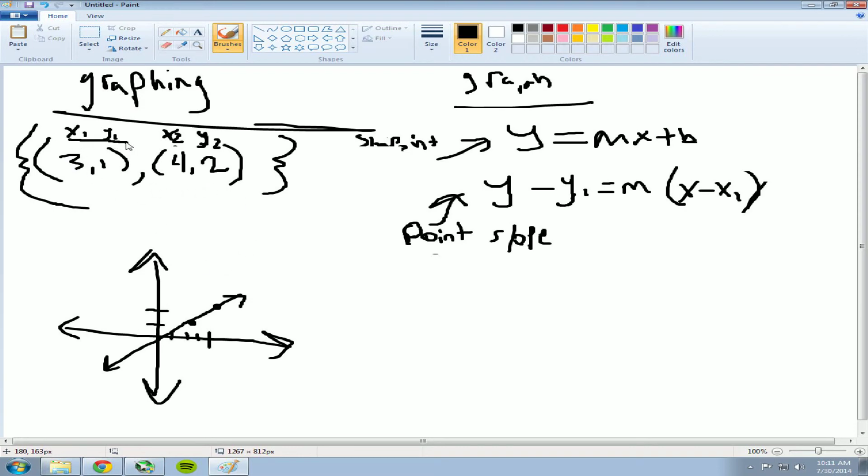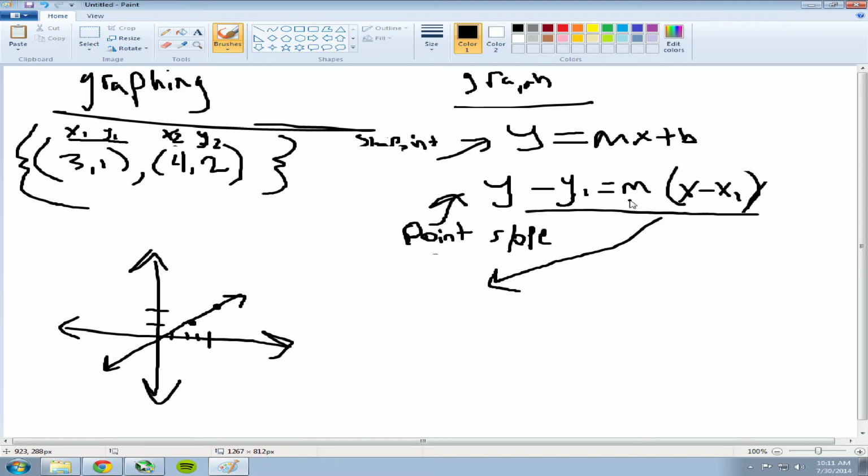As long as you keep them paired up, x1, y1, and x2, y2, it doesn't matter. So I could call this one x1, y1, and this one x2, y2. The order does not matter at all. Okay. So we have this.